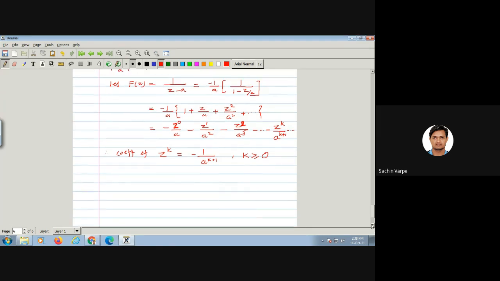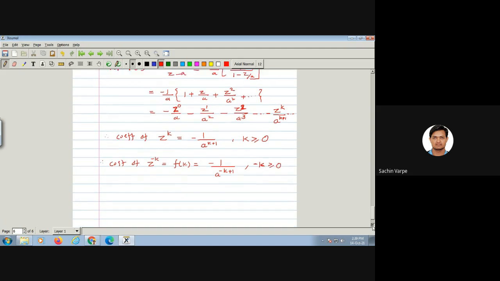But what we need is the coefficient of Z raised to minus k. Therefore, the coefficient of Z raised to minus k, that is our required f of k, is minus 1 upon A raised to minus k plus 1 for minus k greater than or equal to 0.